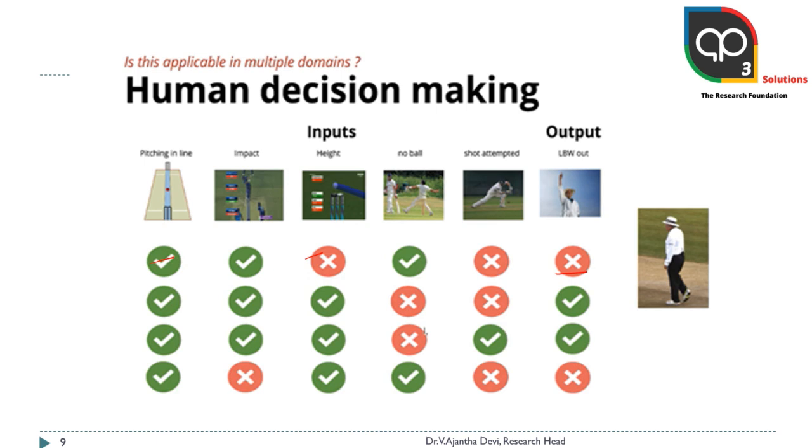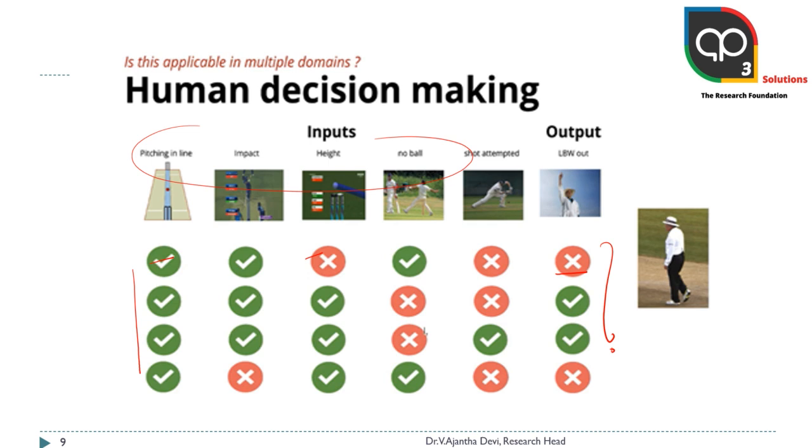Based on this and many such examples that we have viewed over a lifetime of watching cricket, we start understanding that these are the factors that play a role. Not just that, we also start getting some sense of what kind of interactions eventually lead to the final decision, that is, what combination of these factors leads to the decision of whether it is out or not.